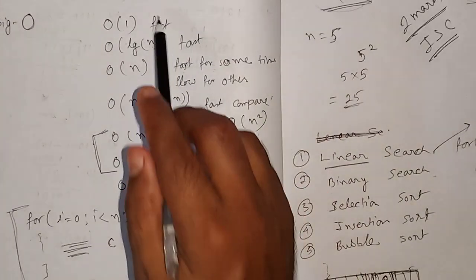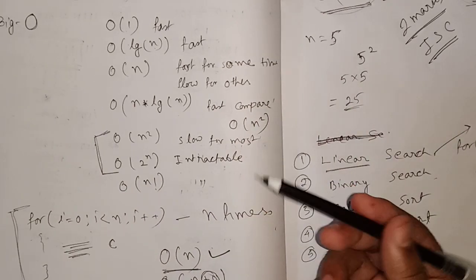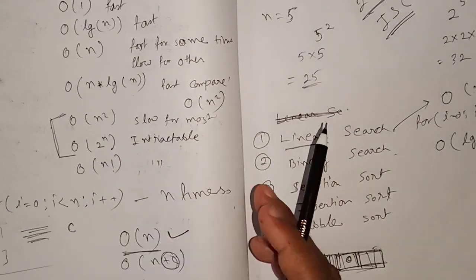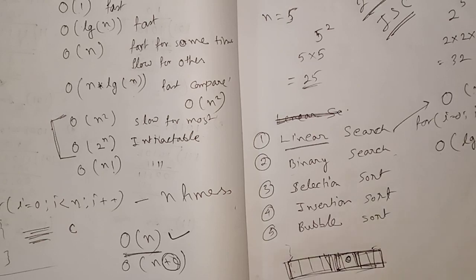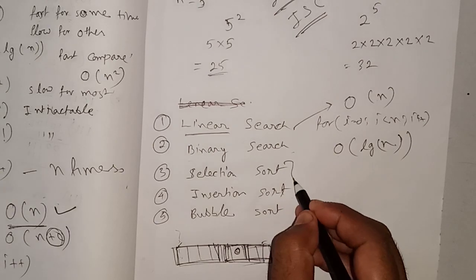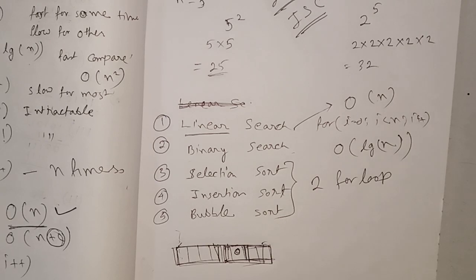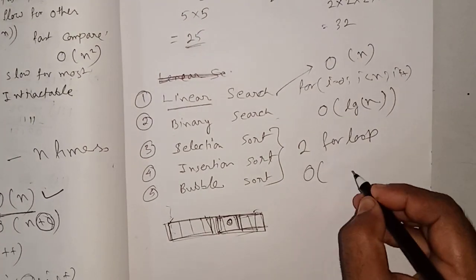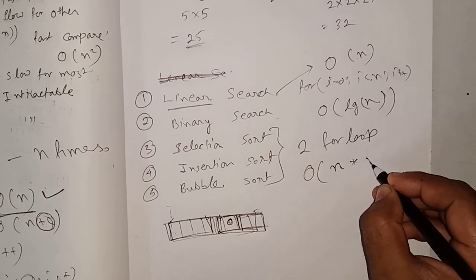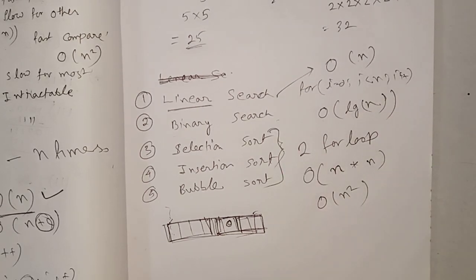So you remember which one is faster and which is slower. Once the question is given in your paper, you write that this is faster because of this reason, and you mention the reason, otherwise you will not get the marks. And we know in all the sort cases we need to write two for loops. Two for loops means the big O first loop starts up to n, and the second loop also goes up to n. So it is O(n square) for all the sort cases.